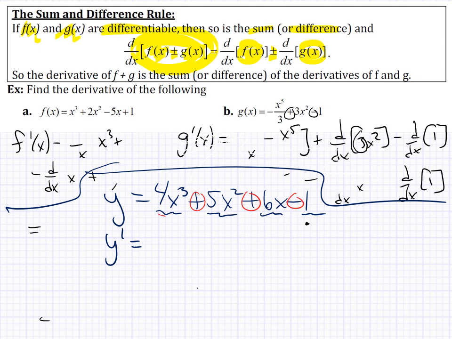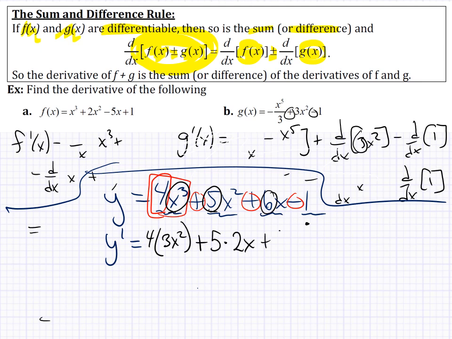Now, if I go to take the derivative of this piece, this 4 is a constant multiple, which would come out. I'd take the derivative of the x cubed, which would be 3x squared, plus this 5 is a constant multiple, which would come out, and the derivative of x squared is 2x, plus 6 is a constant multiple, which would come out, and the derivative of x is 1, minus the derivative of negative 1, which would just be 0.